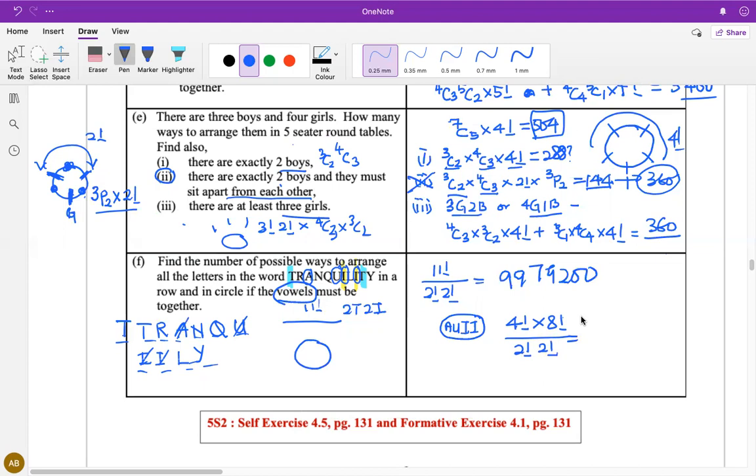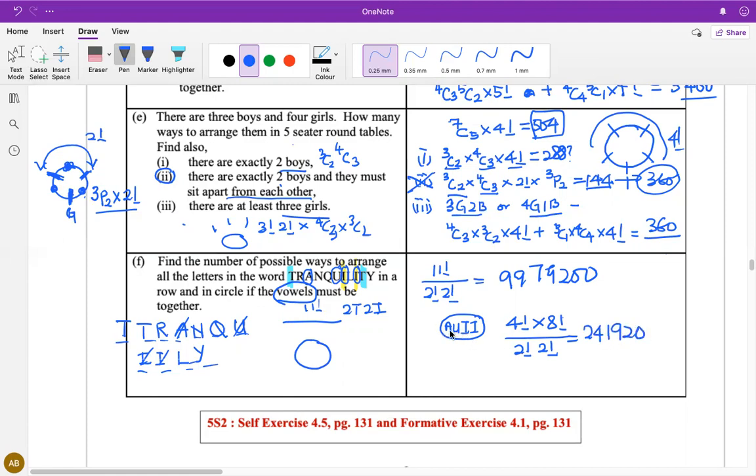4 factorial times 8 factorial divided by 2 divided by 2. So it's 241920.